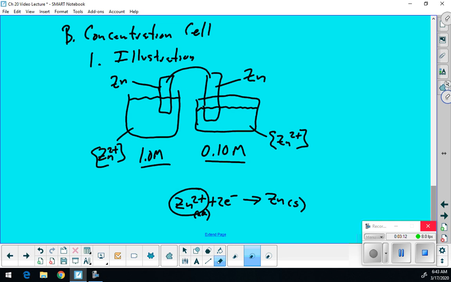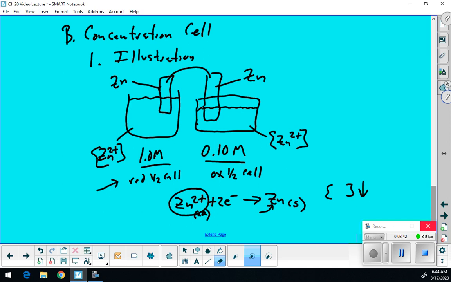So when I reduce zinc, I am taking zinc out of solution and making it solid, meaning my zinc concentration is going to go down, which should mean that this side over here is going to be my reduction half cell, right? And which would mean that this side needs to be my oxidation half cell, right?